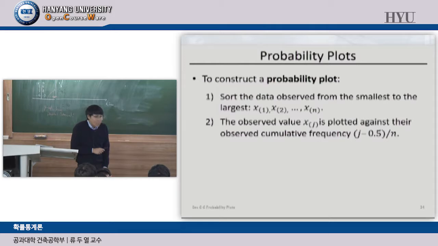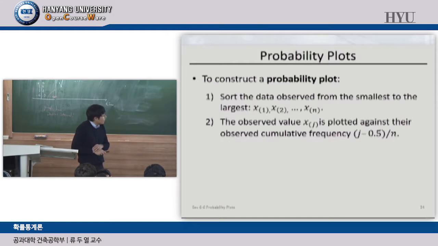And n is the total number of data points, okay? And j is the number of data points from the smallest data point to the data point xj, okay?